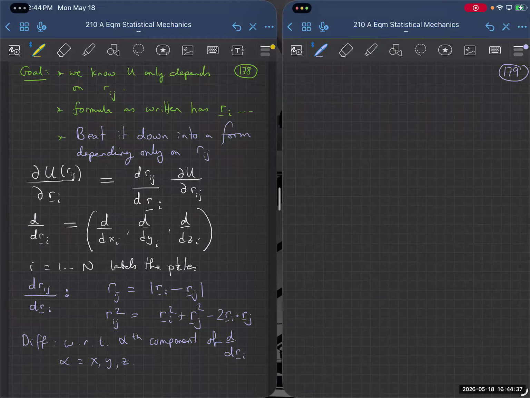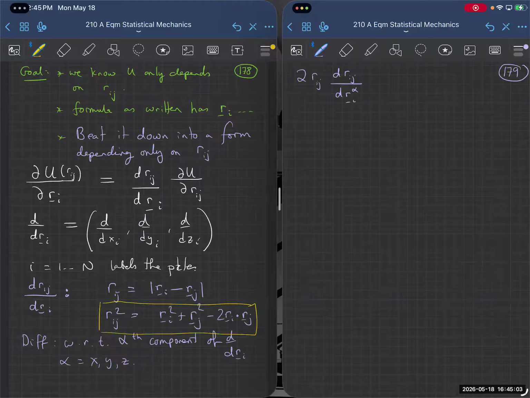So here's what I get. I've got Rij squared, so this is the quantity I'm differentiating. What I'm going to get is 2 Rij times dRij by dRi, the alpha component, which I'll write like that.